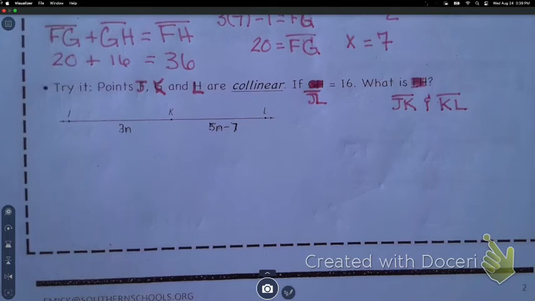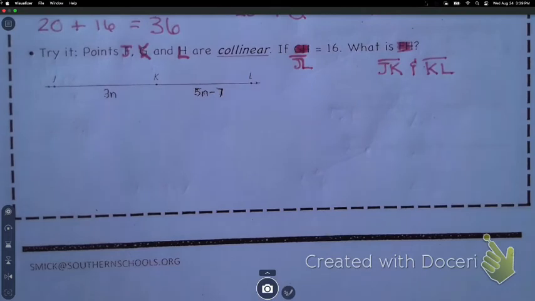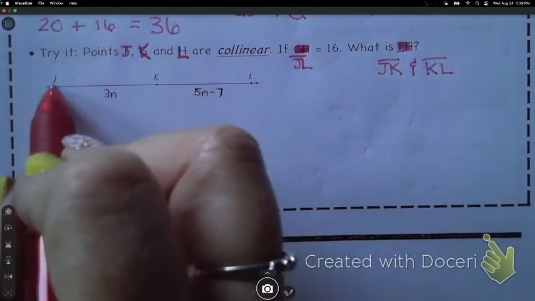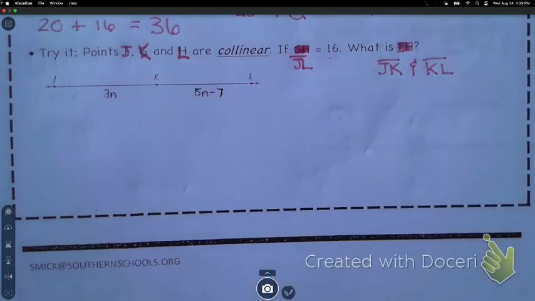Anybody got an idea? What do you want to try? Not yet? I switched it up on you. So JL is the whole thing, isn't it? So the whole thing equals 16. And I need to find each piece. How am I going to do that?